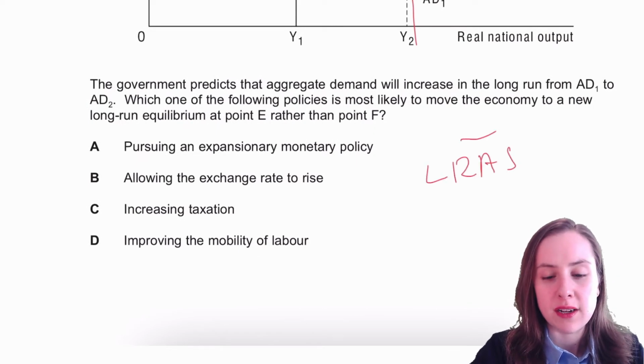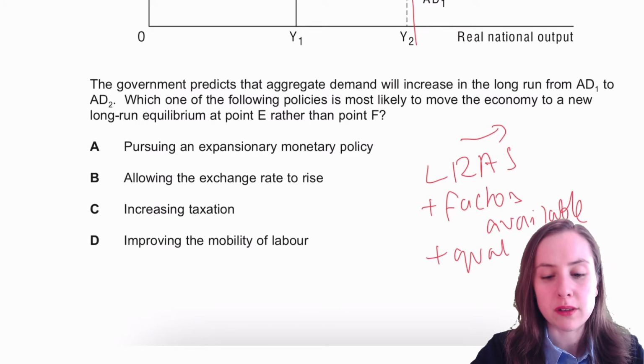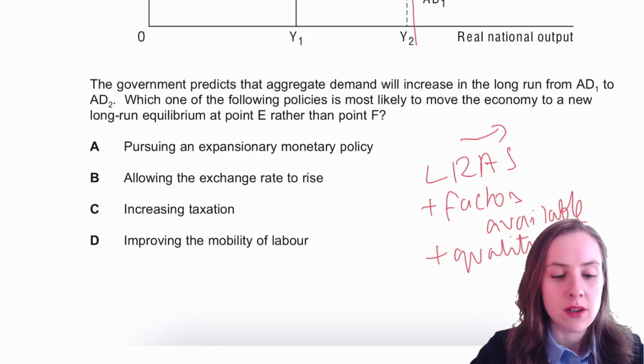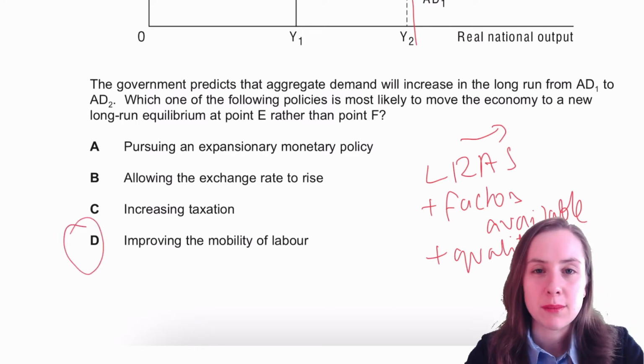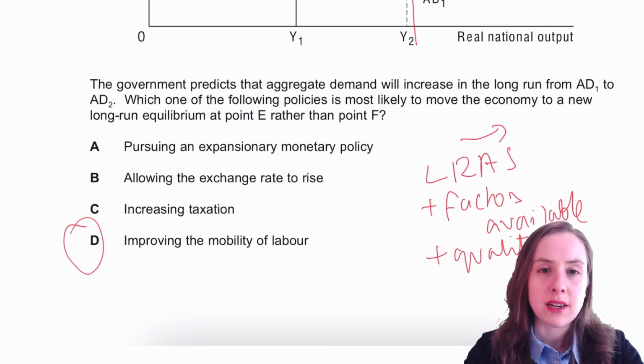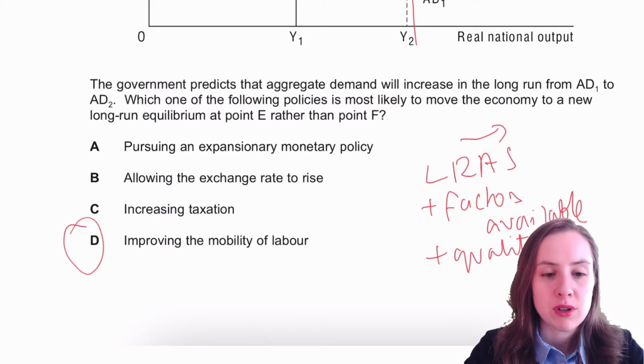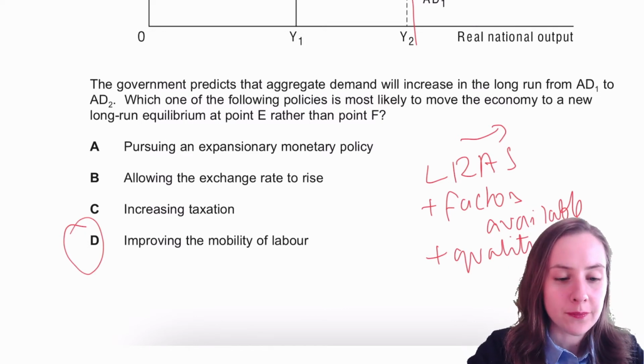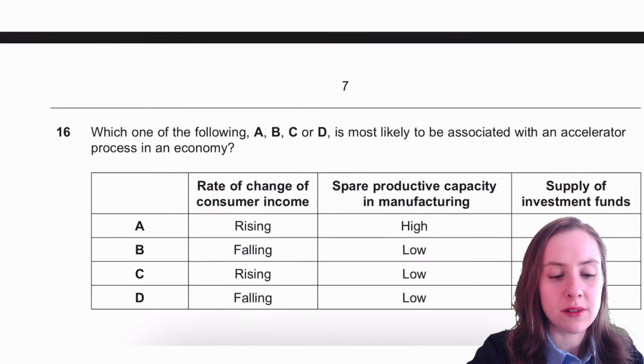What shifts the long run AS to the right is more factors of production are actually available in the country, or a higher quality of them. So if there's increased mobility of labor, there's more people that are available to work that previously weren't able to work anymore. That's the answer.